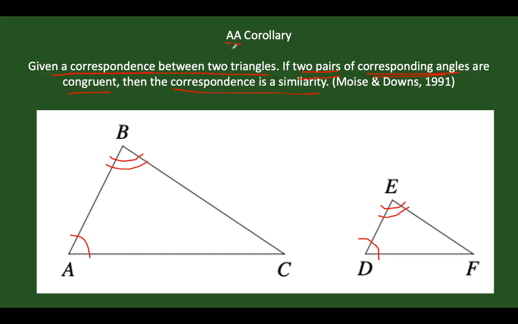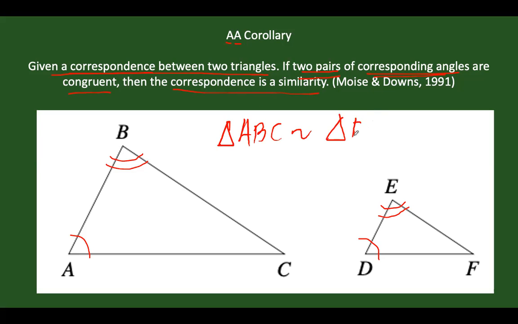And according to the angle-angle corollary, as long as we have identified two corresponding angles to be congruent on both triangles, then we could say that these two triangles are similar. So which means that I can conclude that triangle ABC is similar to triangle DEF.